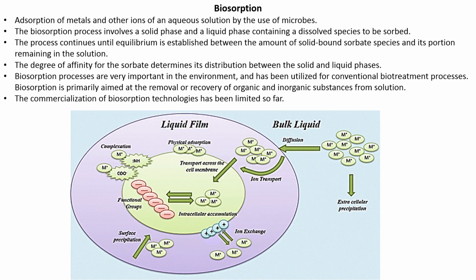So the next concept is biosorption. Biosorption is what we have learned already in microbe-metal interaction. It is primarily the adsorption of a metal ion species onto the biomass of a microorganism. Biosorption easily occurs in an aqueous solution.